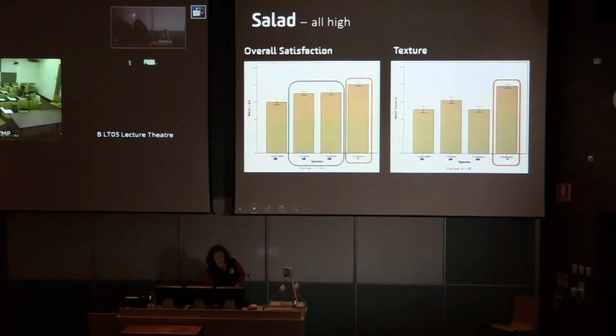So here we have the 3 Australian species on the left and the Japanese species on the right-hand side. And you can see that, generally speaking, the Japanese species, the hijiki, was scored more favourably than the Australian species.